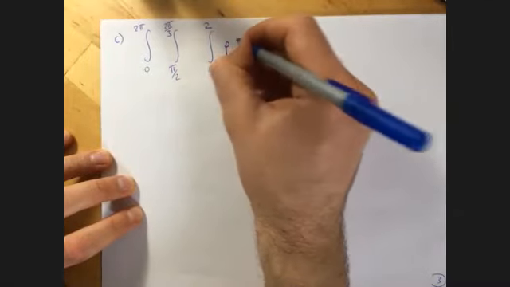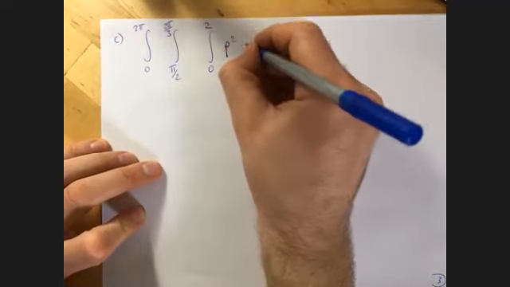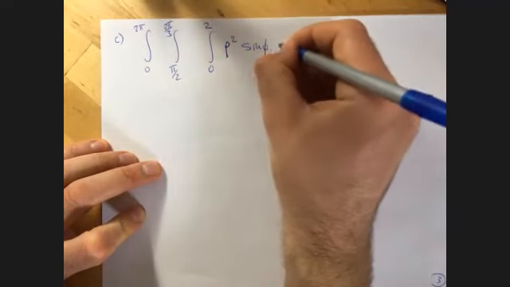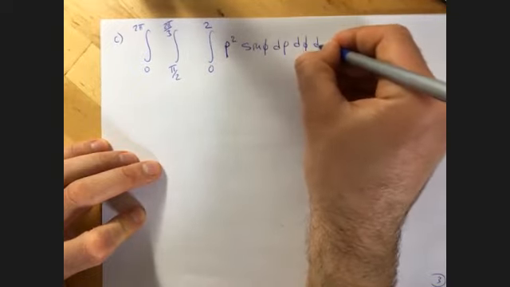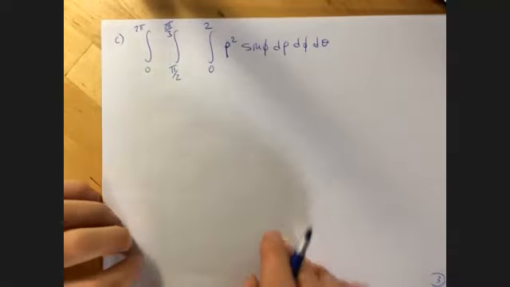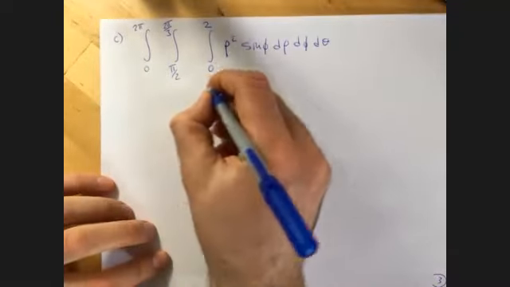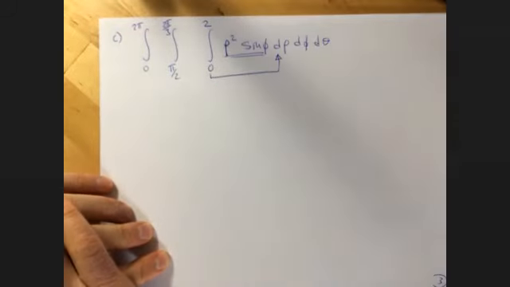Rho being a constant, what do we describe? We describe a sphere, not a circle. We describe a sphere centered at the origin, okay? So this is here just the Jacobian, so don't get confused by it.